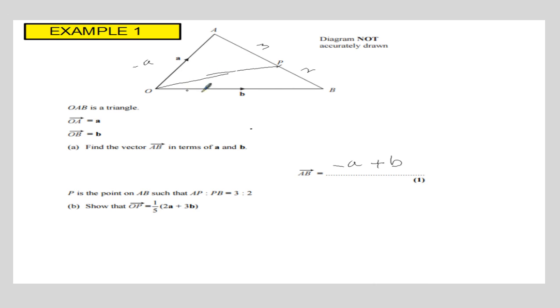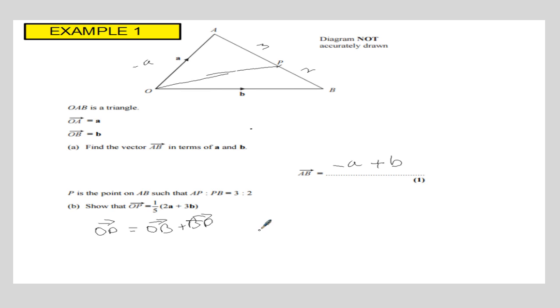It doesn't really matter, as I say. So what I'm going to do is say that OP can be thought of as OB add BP. So that's what we're trying to do. Now obviously OB is very simple, it's just B. It's this bit here that we need to think about.